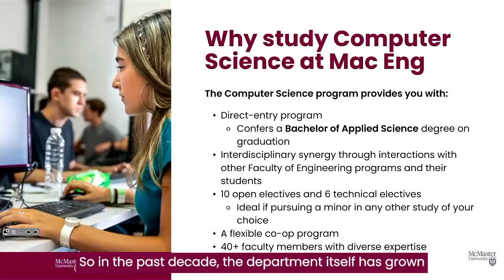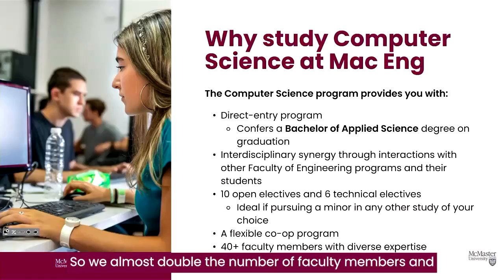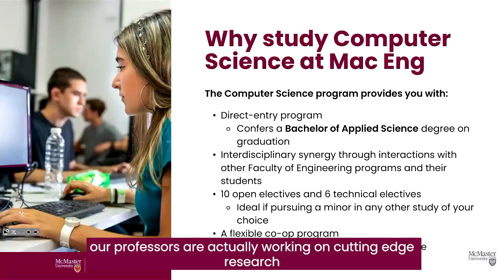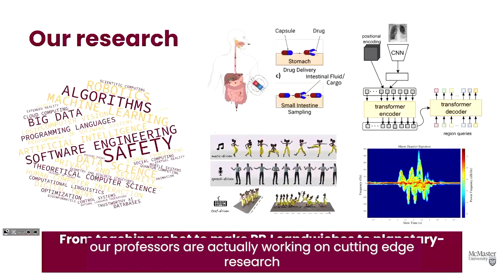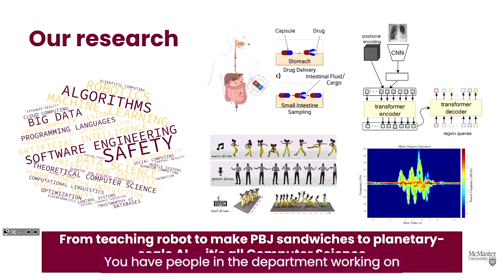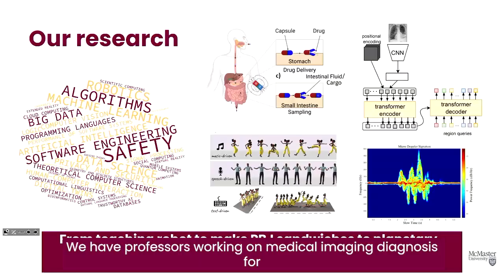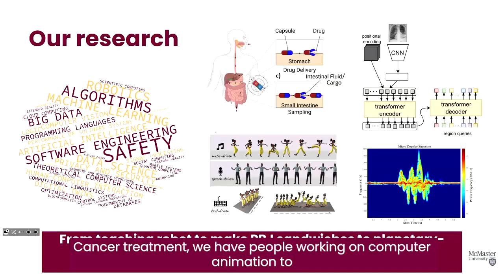In the past decade, the department itself has grown quite a lot. We almost doubled the number of faculty members, and our professors are working on cutting-edge research in a variety of domains. You have people in the department working on magnetically actuated soft robots for surgical applications. We have professors working on medical imaging diagnosis for cancer treatment.